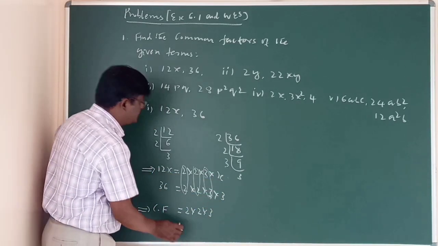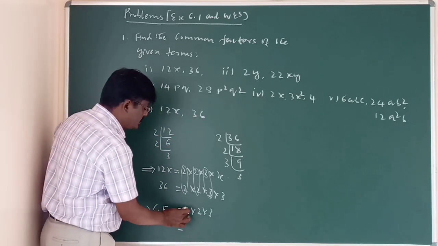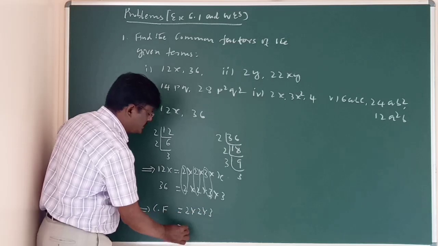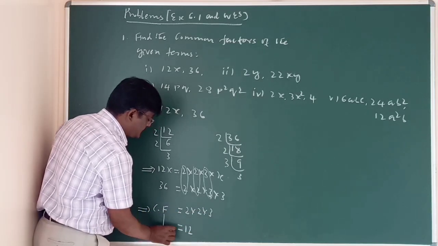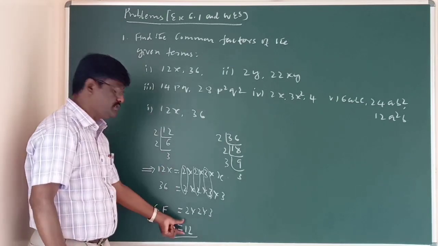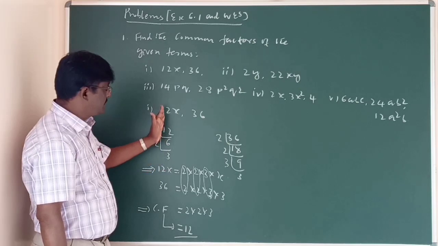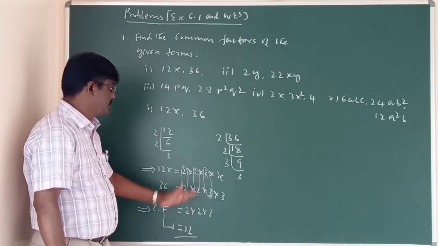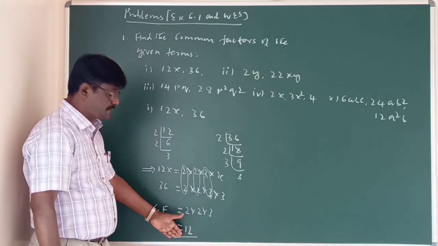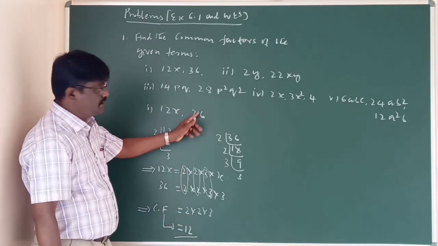Thus, the common factor of 12x and 36 is 2 into 2 into 3, that is 12. Hence, when we divide this by that common factor, it will be divisible without remainder. What about 36? Yes, 12 threes are 36.